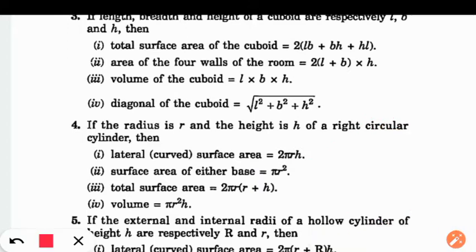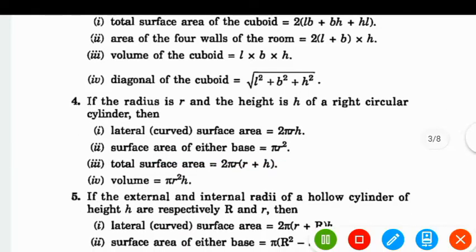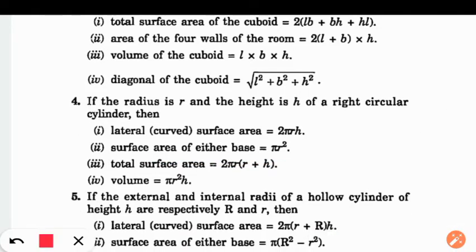Now surface area of either base. The base of a cylinder is actually a circle. So to find the area of the circle, the formula is pi r square. Now total surface area of the cylinder. So total surface area means lateral surface area plus 2 pi r square, because we have two circles, one at the top, one at the bottom.